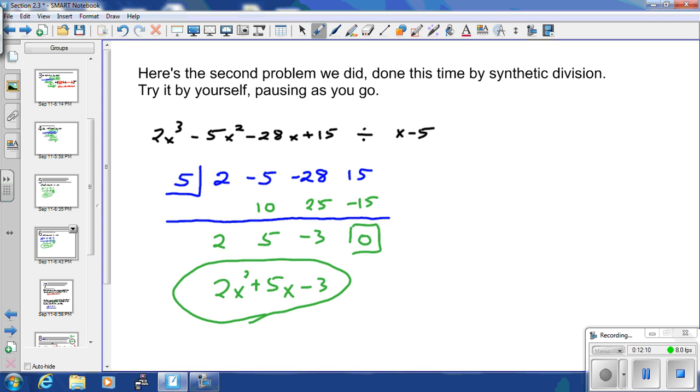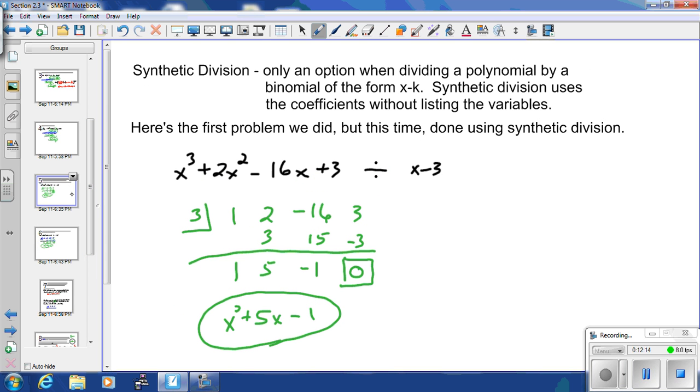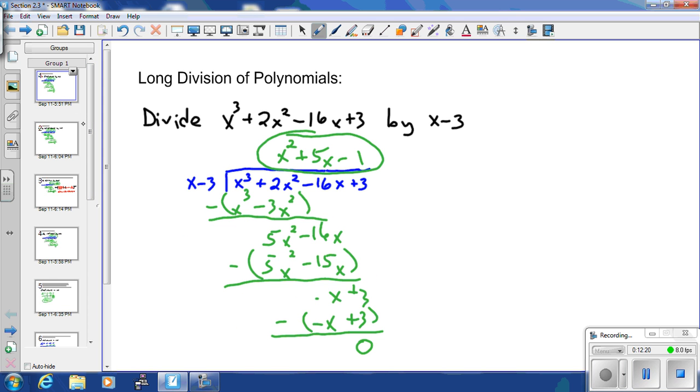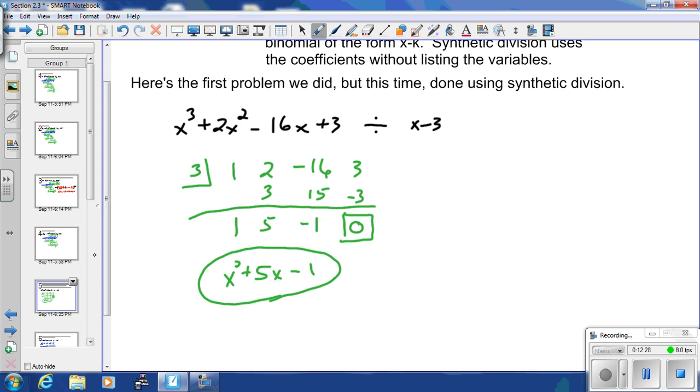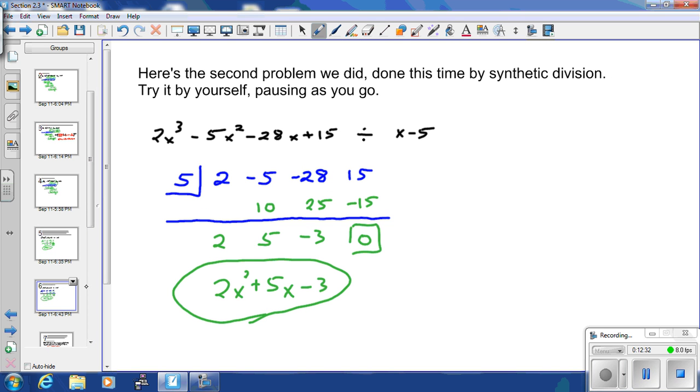Now I did use this one, I think I did this problem before. Let's see. Yeah, this previous one was the same as the first problem we did back here at the beginning. We got the same answer, x squared plus 5x minus 1, wherever that is. There it is. And the next one we did, I believe this is the second problem we did.